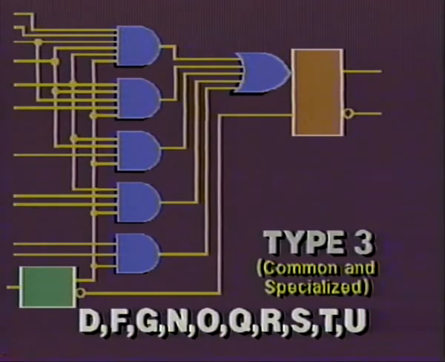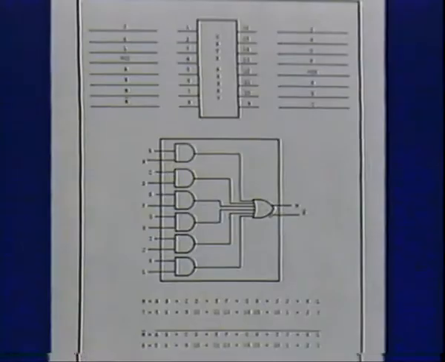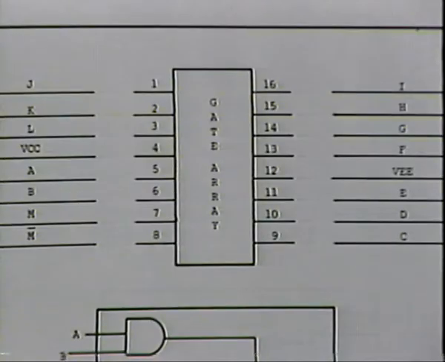In order to understand how all the different chips work, we have to use a gate array schematic like this one. This schematic is of a C-type chip. On the top of the schematic, we find the pin assignment chart. Each pin on the gate array is numbered 1 through 16.